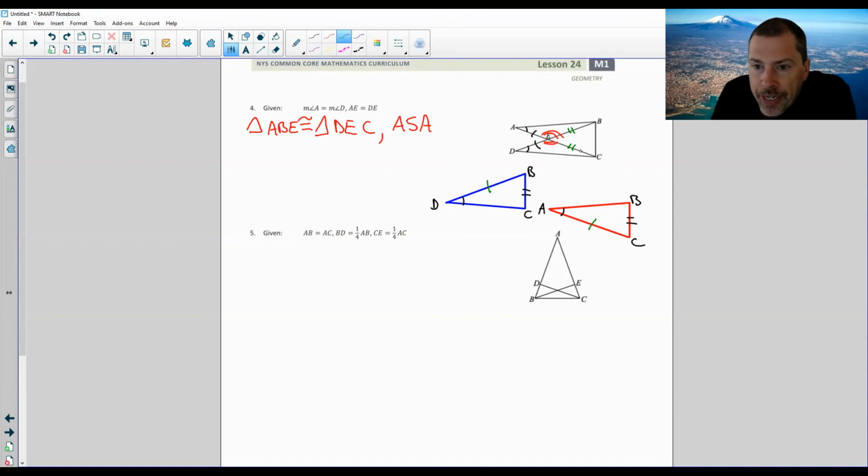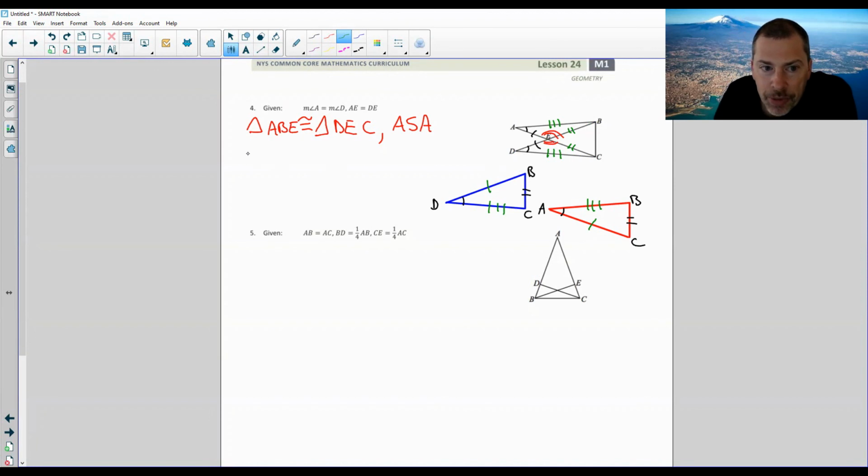Okay, so what else do we have? Let's take a look. Since this triangle here has side AB congruent to side DC, by corresponding parts of congruent triangles being congruent, now I can say AB is congruent to DC. But you would have to do that triangle first to get these pieces.